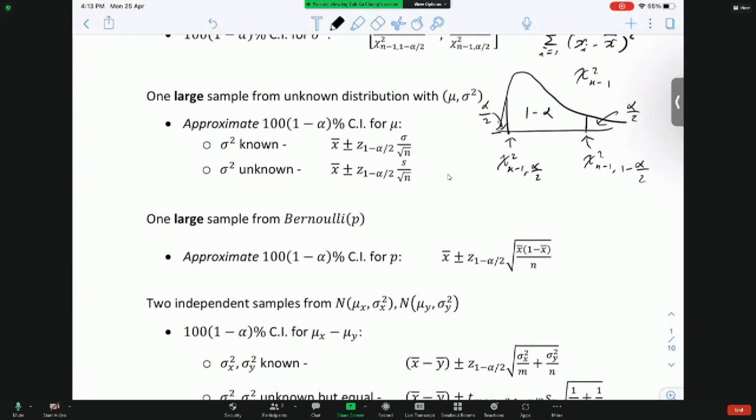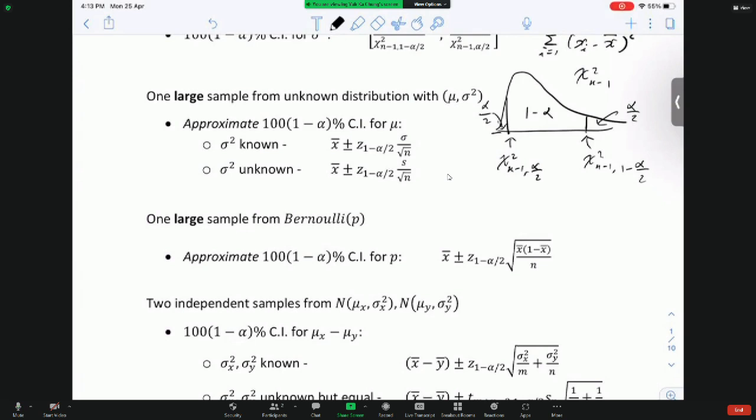Now, there exist some other situations where we may draw from a population, but we are not told that it is normal. Then, if the sample size is large enough, we can approximate by using the normal. So an approximate confidence interval will be obtained by using exactly the same formula if the population variance is known.